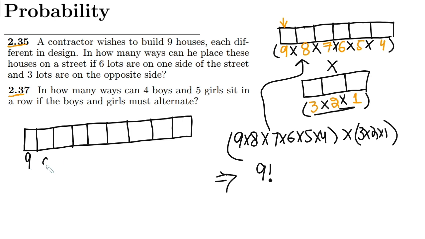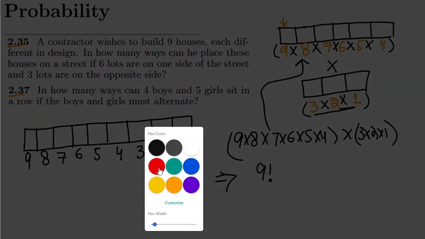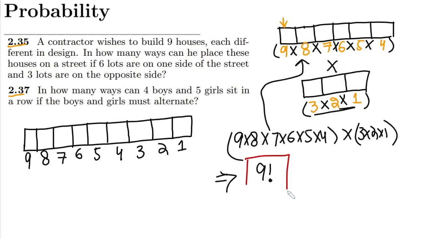It would be 9, 8 choices, 7 for the third house, 6 for the fourth one, 5 choices for this one, this would be 4, 3, 2 and 1. So these are the choices which these slots will have, and the answer is 9 factorial. So this is the solution of question 2.35.